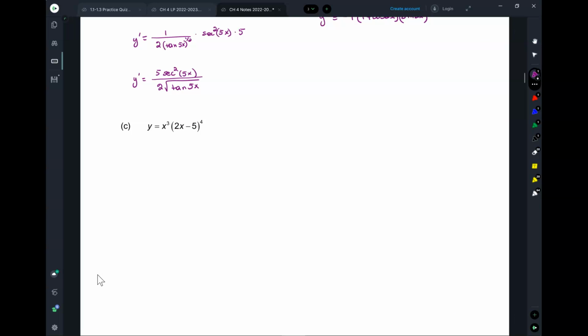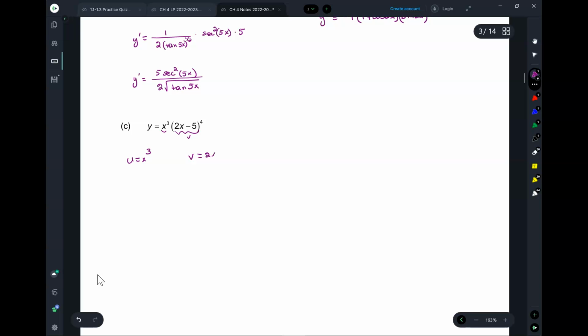Moving forward. What have we got here? I've got x cubed times another function. So first, this is a product rule, and then I have to implement a chain rule. So let's do it. Okay, u, v. So u is x cubed.